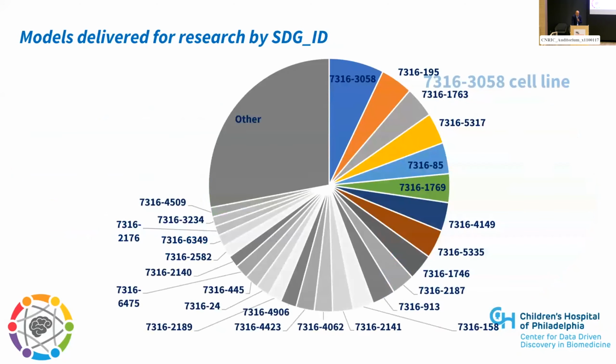So among STGIDs, there is actually one winner. The cell line 7316-3058 is the most shared aliquot and cell line across CBTN. I have a personal story around this cell line, and maybe Angela remembers that one night, or maybe not. It was late in the evening, as Dr. Santi mentioned, as usually fresh tissue comes to the lab.